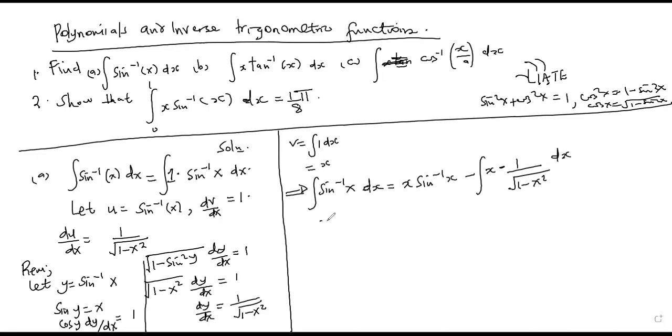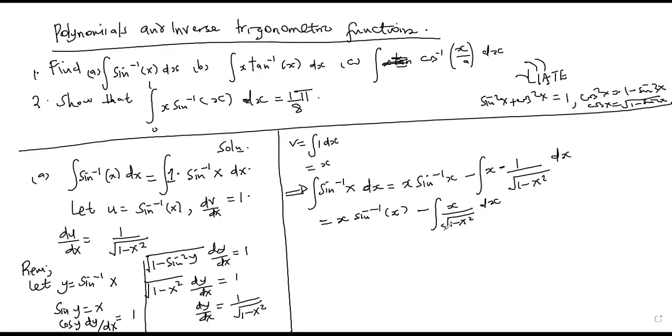So this is going to be equal to x sine inverse of x minus the integral of x over the root of 1 minus x squared dx.